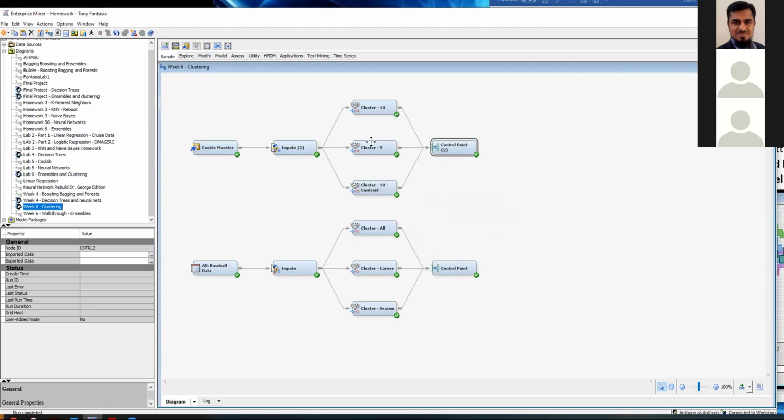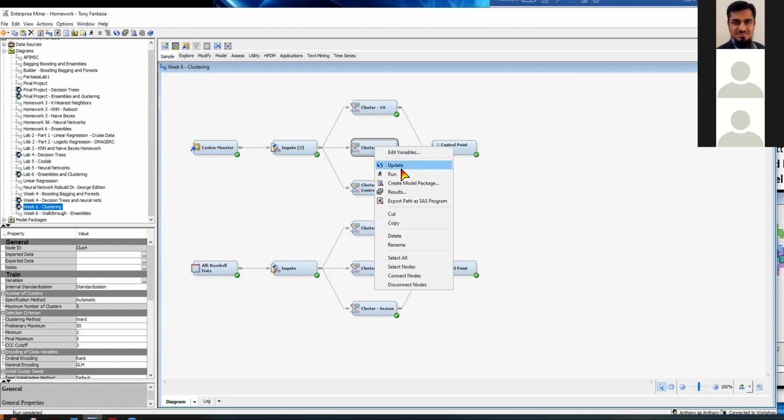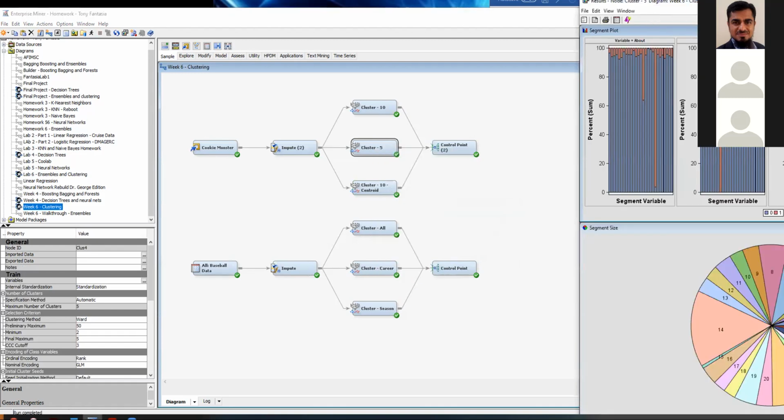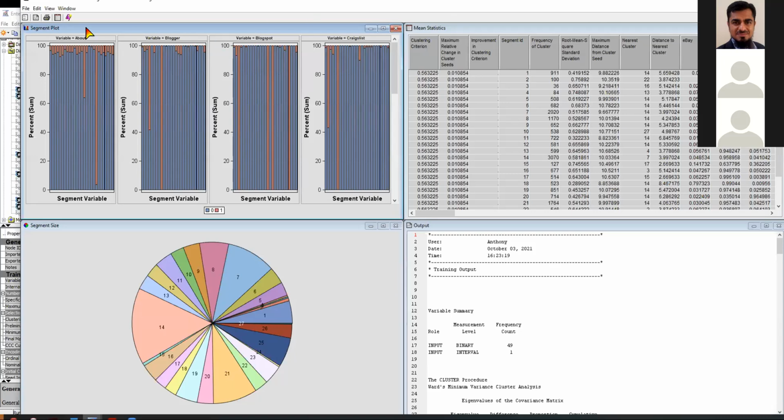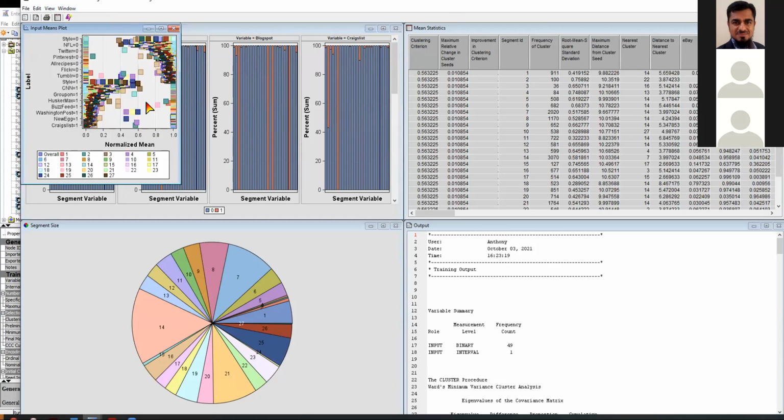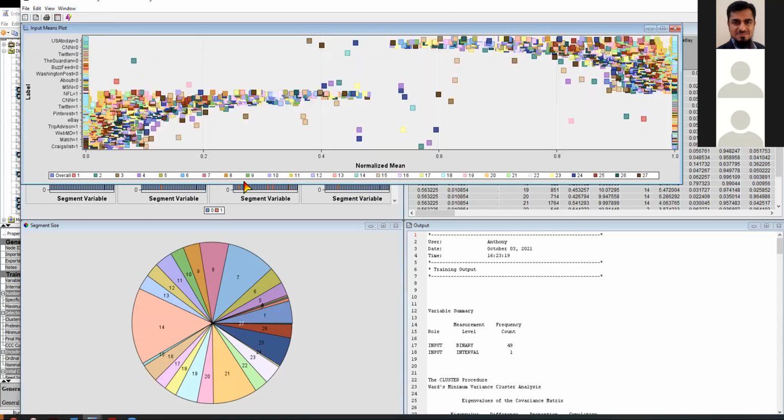But let me take a look at this cluster 5. And that is rowdy. Input means plot. There's a lot going on there.